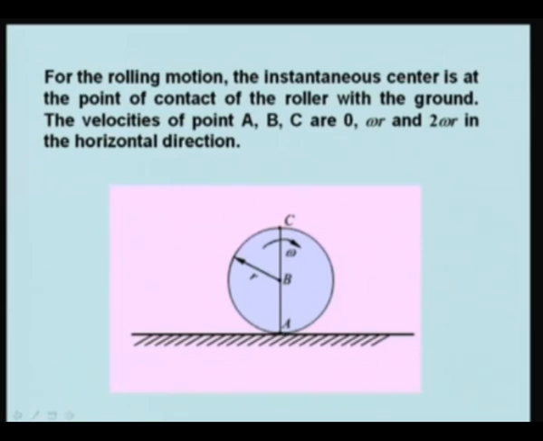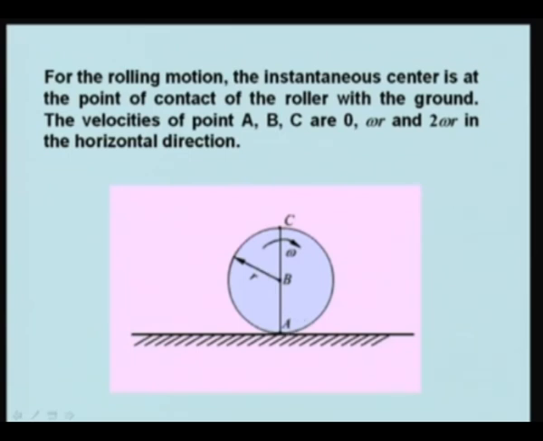If the body is not undergoing pure rolling, that means there is slipping also, in that case A will not have 0 velocity, and therefore, A will not be called instantaneous center. In this case, the instantaneous center is changing its position.